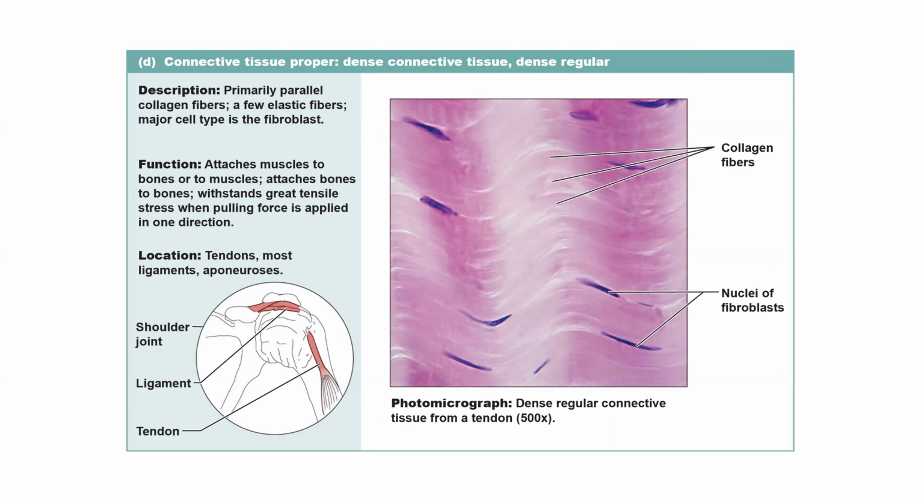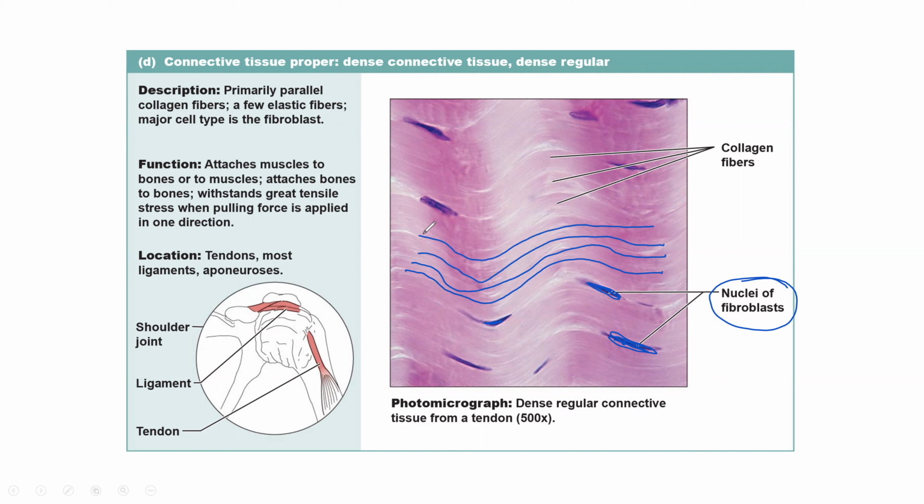Now, dense regular connective tissue. Let's see what we have over here. First, we see these dark spots again. Those are nuclei. Nuclei are of the same cells, fibroblasts. So here are our cells. They're not connected. They're far away from each other. And now you have collagen fibers. All this pinkish stuff is extracellular stuff.